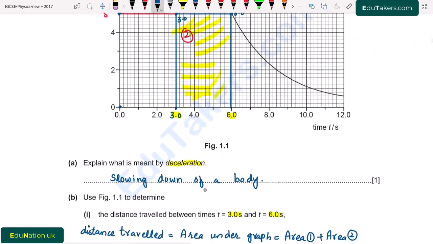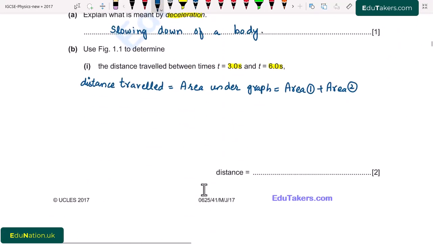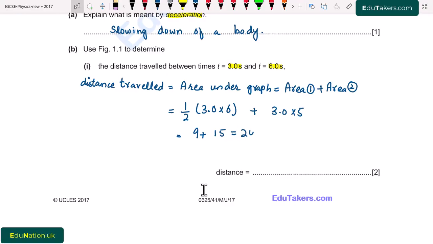So I will write here, it is equal to 1 over 2, 3.0 multiply by 6 plus 3.0 multiply by 5. So the distance will be equal to 9 plus 15, which is 24 meter. So this distance is equal to 24 meters.